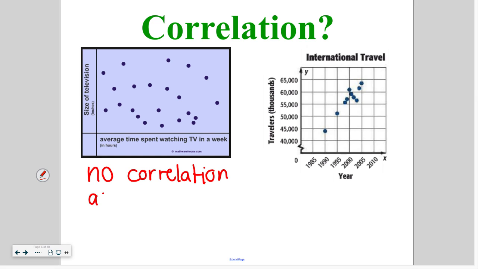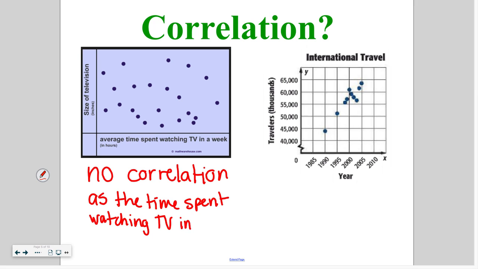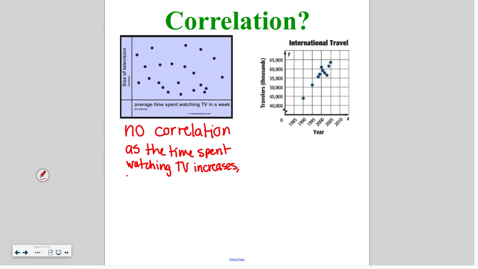Your book is going to ask you to explain this, so what you're going to want to say is, as the time spent watching TV increases, there is no effect on the size of TV.